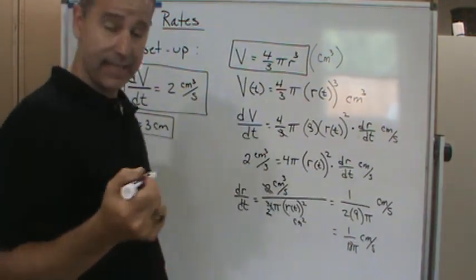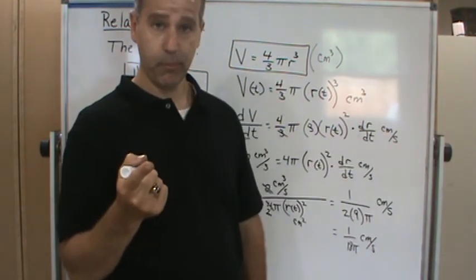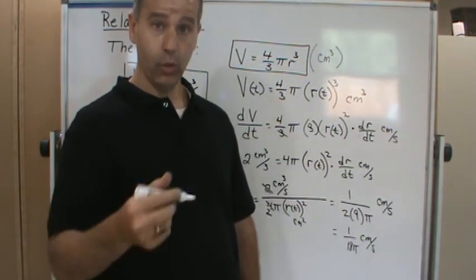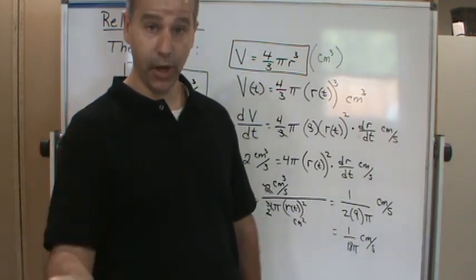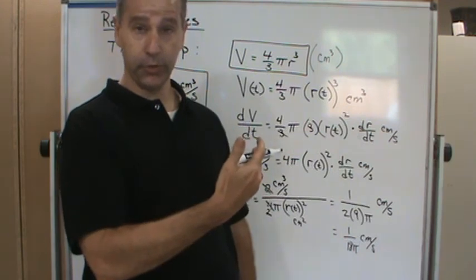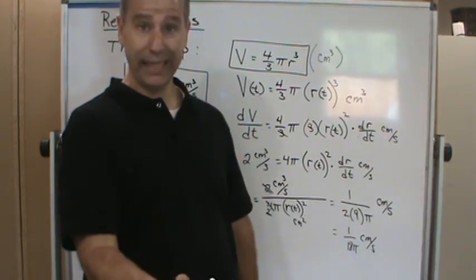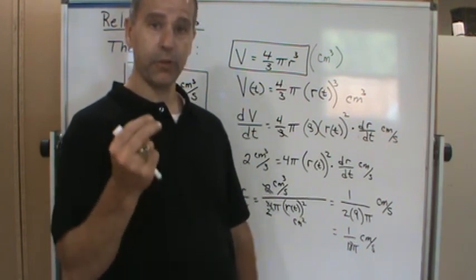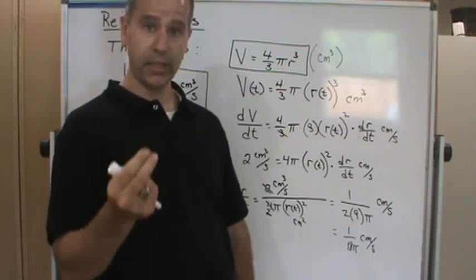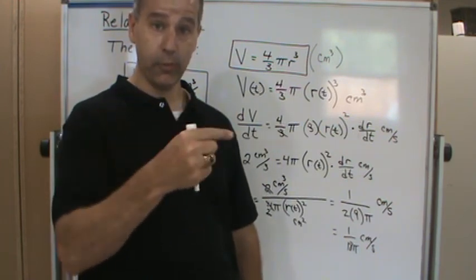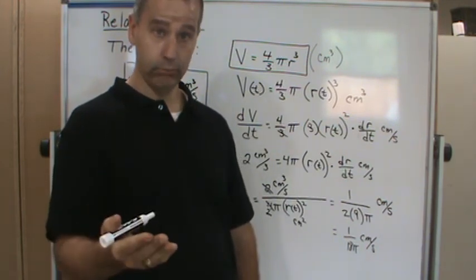So the key is that we have two variables that are related to each other, and they're both changing with respect to another independent variable, time. So typically we're dealing with two variables that are both changing with respect to time, but they're also related via another formula.